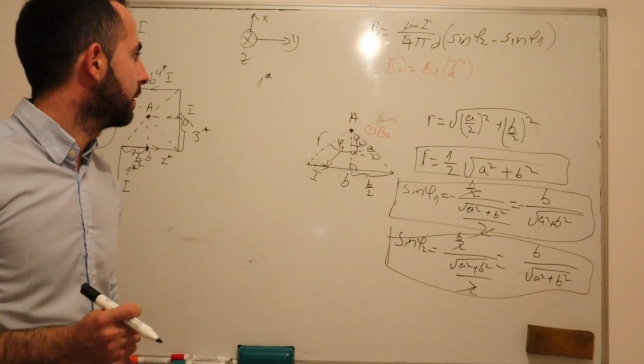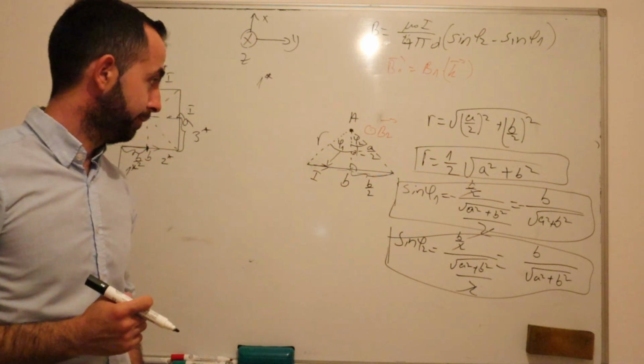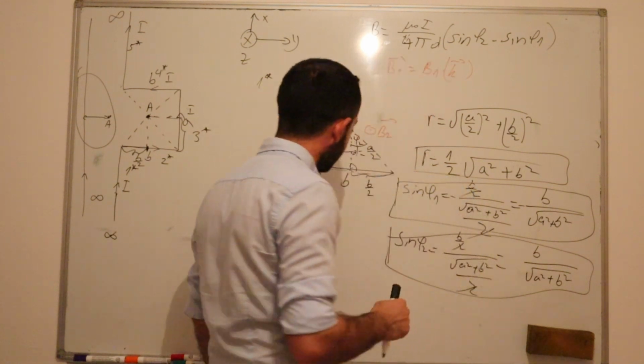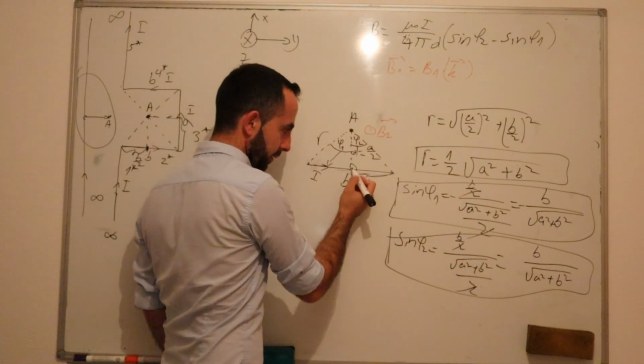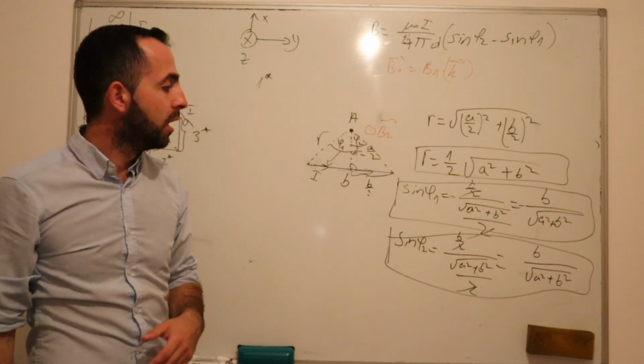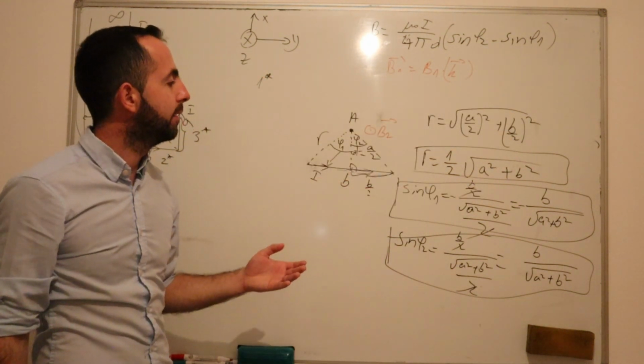Both are the same angle, and we enter this sin φ2 here, its normal, and we can see that current comes out of its normal, so it is a positive sign.